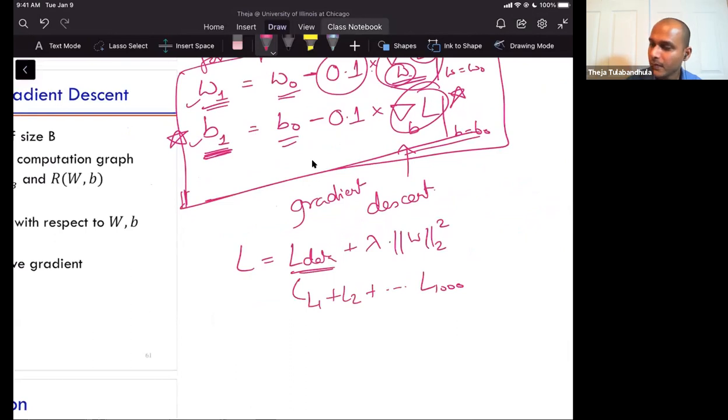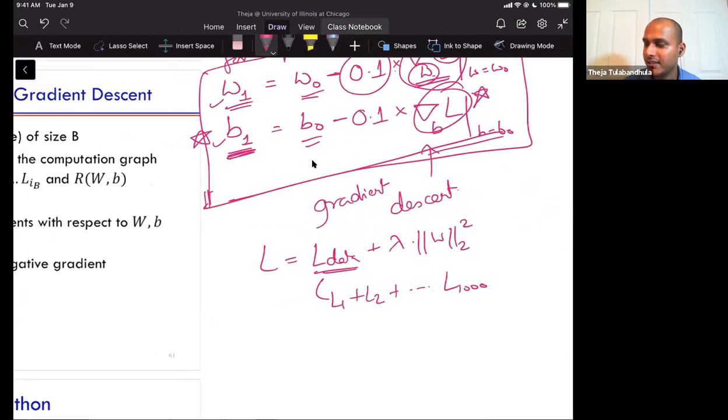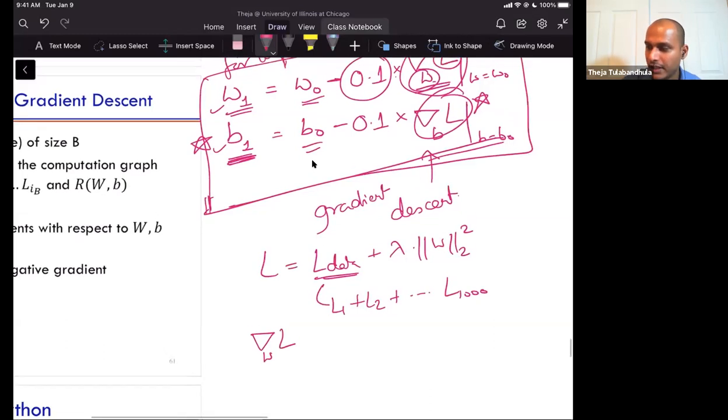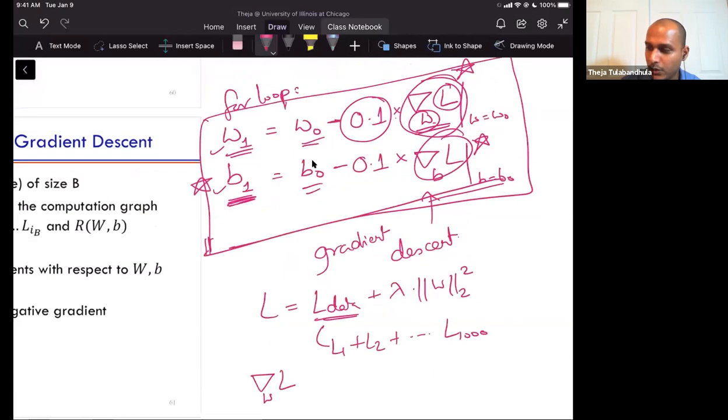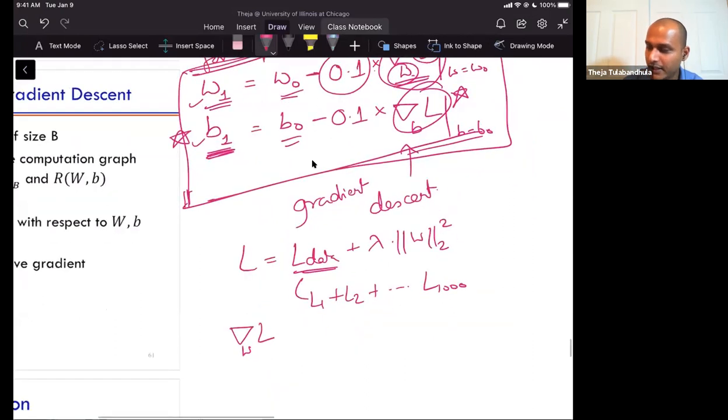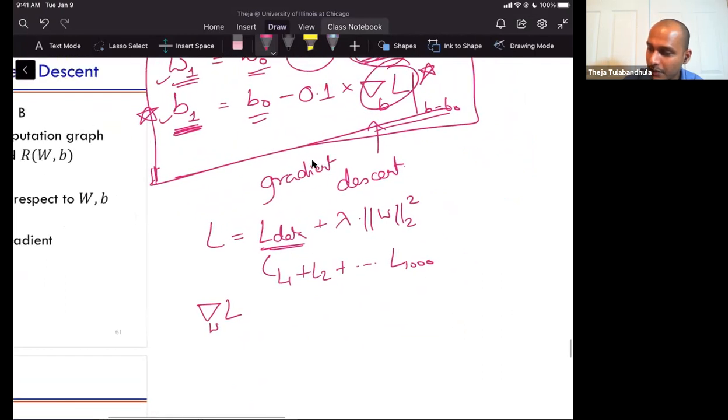So batch gradient descent just means I don't want the gradient of L with respect to the parameter over all the data. Every iteration, meaning whenever I do this update in the for loop, I'm going to pick a batch.